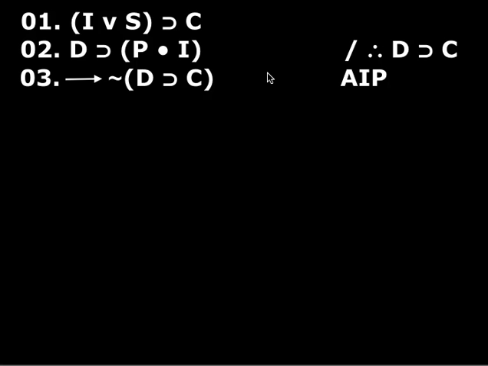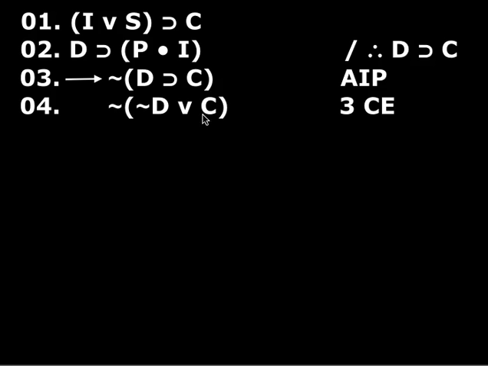So first I'm going to do conditional exchange, turn the horseshoe into a wedge, negate the first component. Everything else stays the same. The parentheses and the negation come down. I've just manipulated this internal part. Now I'm going to do De Morgan's on this. I'm going to turn the negated disjunction into a conjunction of the negated components. So the outer tilde goes away, wedge becomes a dot, and both components get negated.